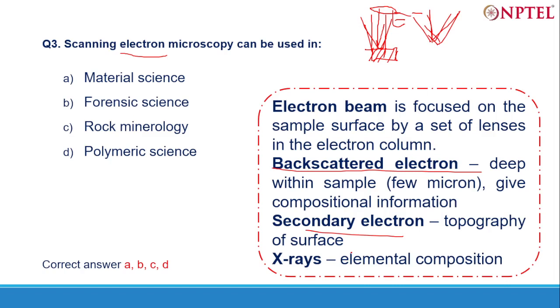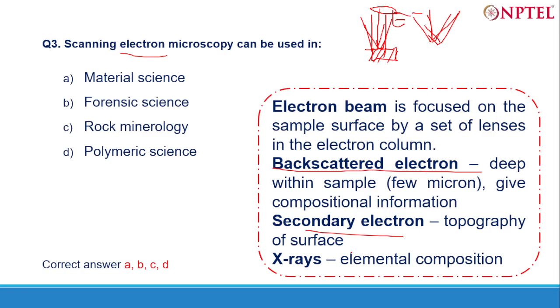What do backscattered electrons, secondary electrons, and X-rays tell us? Backscattered electrons give us images.